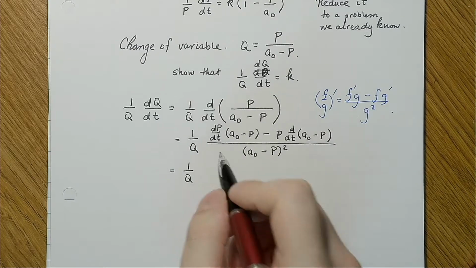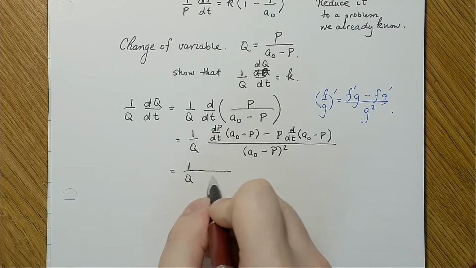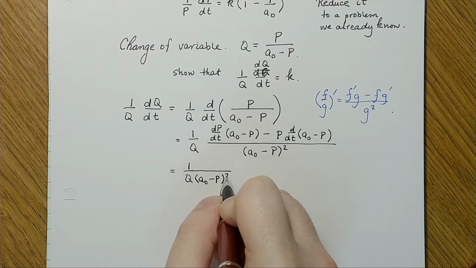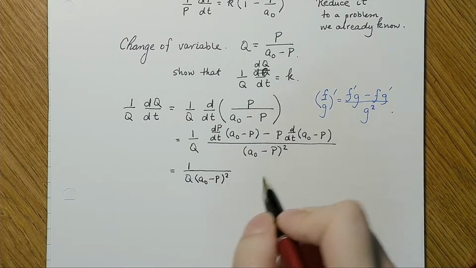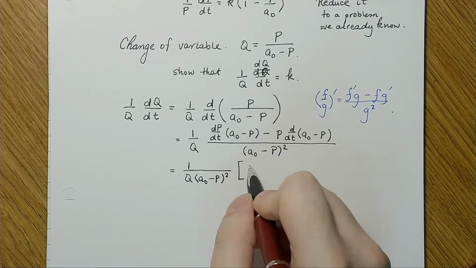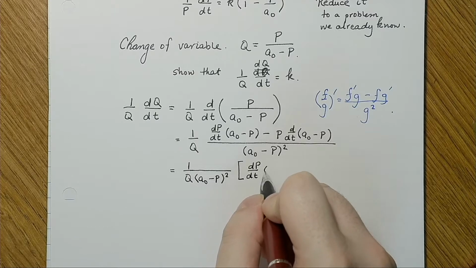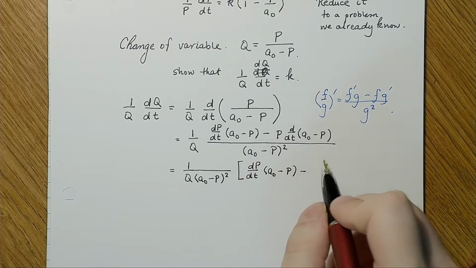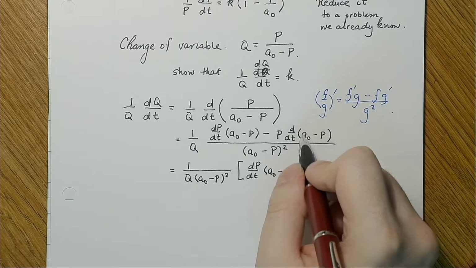And I'll leave this dp by... I'll just pull out that, so I'm left with what's left in the numerator. So dp by dt times a naught minus p, minus, so I have p, and then I take the derivative of this.